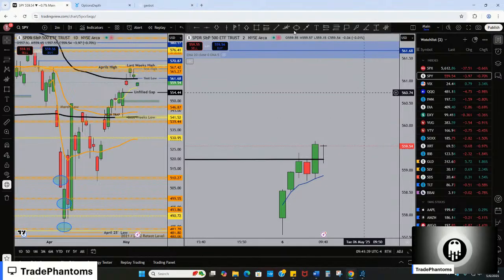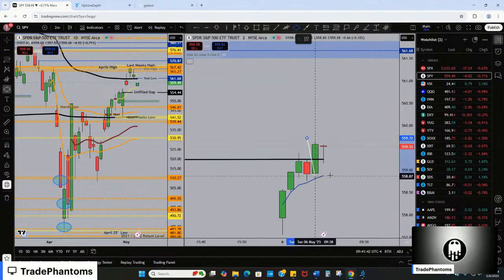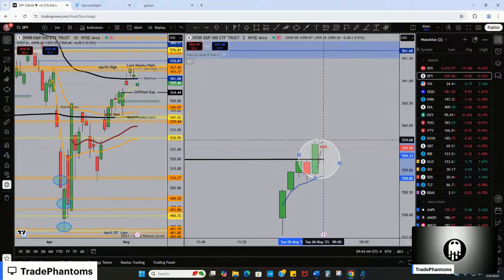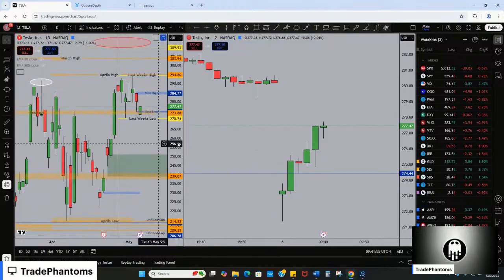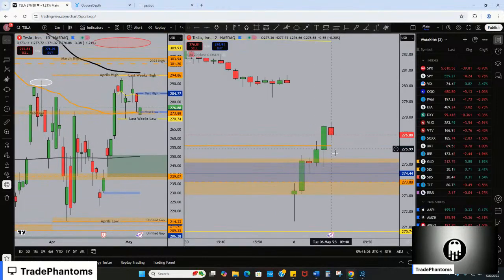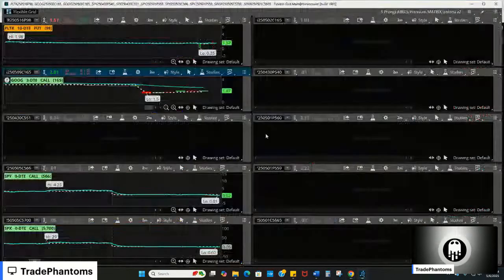Our SPYs just did close a positive COG here. All right, Tesla giving it to us there. Might be able to work on a pullback there.